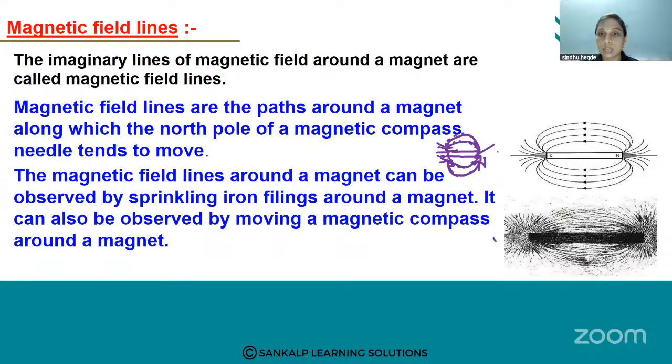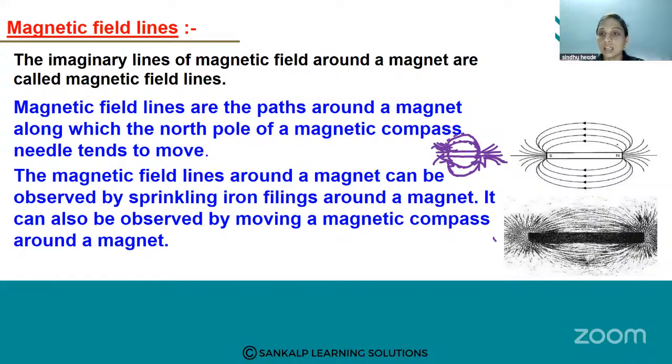Near this pole also some field is generated. Due to that we draw these lines. So all these imaginary lines which are generated around the magnet are called magnetic field lines. This is the definition of magnetic field lines.